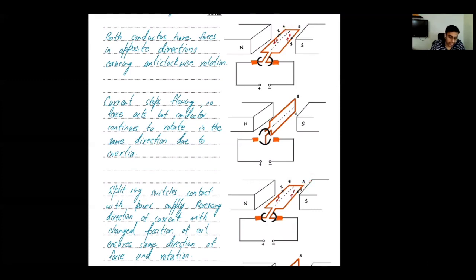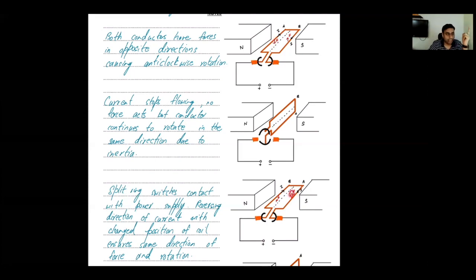If you look at the first diagram, conductor A has current flowing inwards, but if you look at the third diagram, conductor A has current flowing outwards. The direction of current would be reversing, and hence the direction of force on conductor A would be reversing as well. So previously experiencing a force downwards, conductor A would now experience a force upwards.